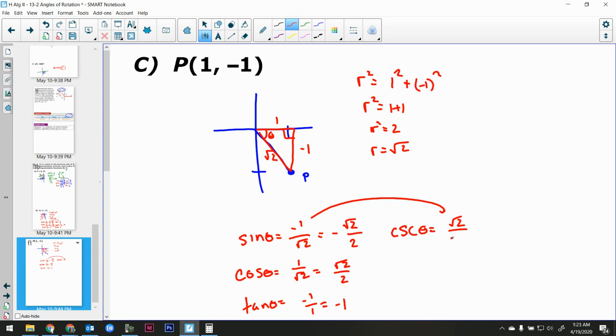Radical 2 over negative 1, or just negative radical 2. Secant theta, flip it there. Reciprocal there. Just radical 2. And then the cotangent theta is equal to just negative 1. It's the same thing, right? Because if I flip negative 1, I get negative 1.